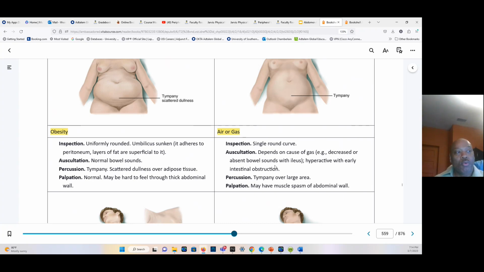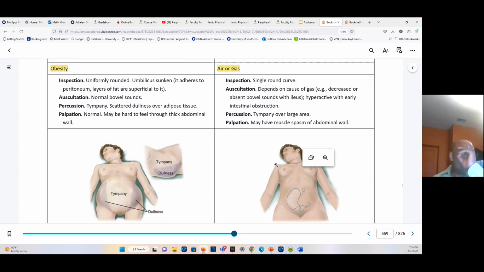And of course, when you have an obstruction, you can't move that air or gas. As far as percussion, you hear tympany over a large area because there's a lot of air in those hollow organs. As far as palpation, there may be muscle spasm of the abdominal wall, because all that pressure is pushing against it. I really like the way they did this.